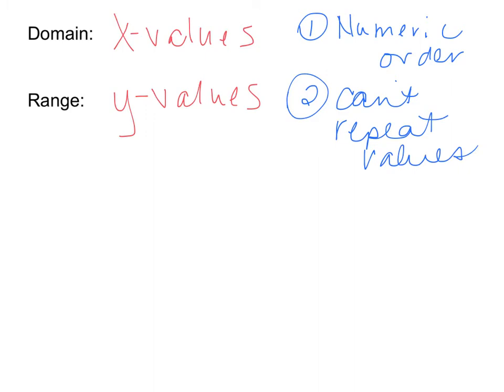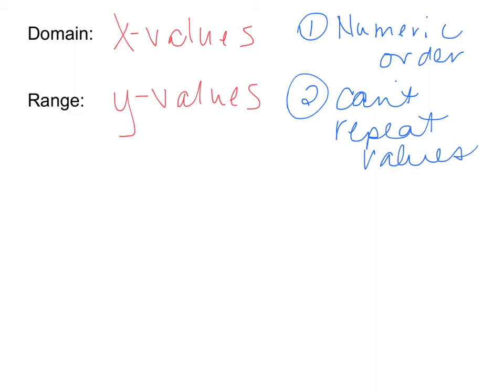So even if you have numbers that repeat in your relation, because it doesn't necessarily have to be a function, just a relation, and you get the domain and range, then you do not repeat them when you state your domain and range.